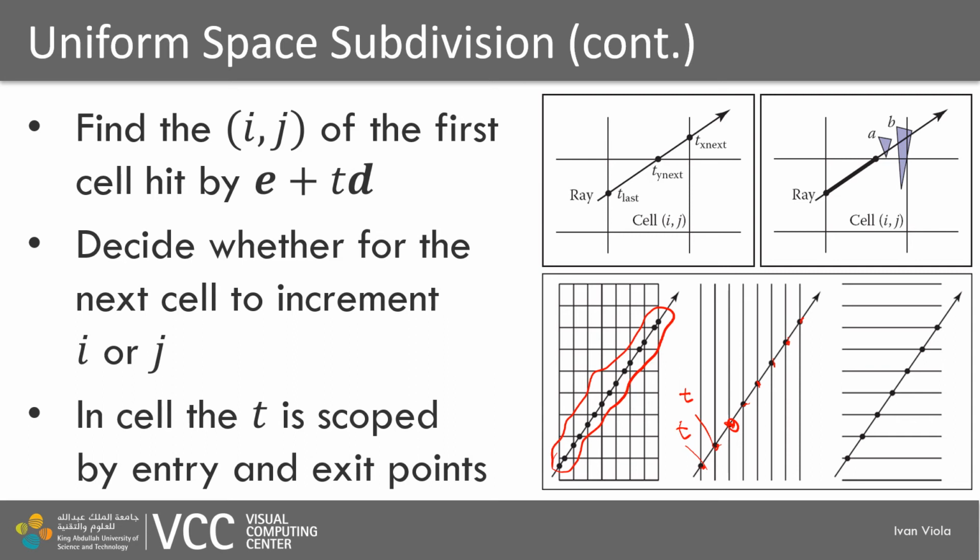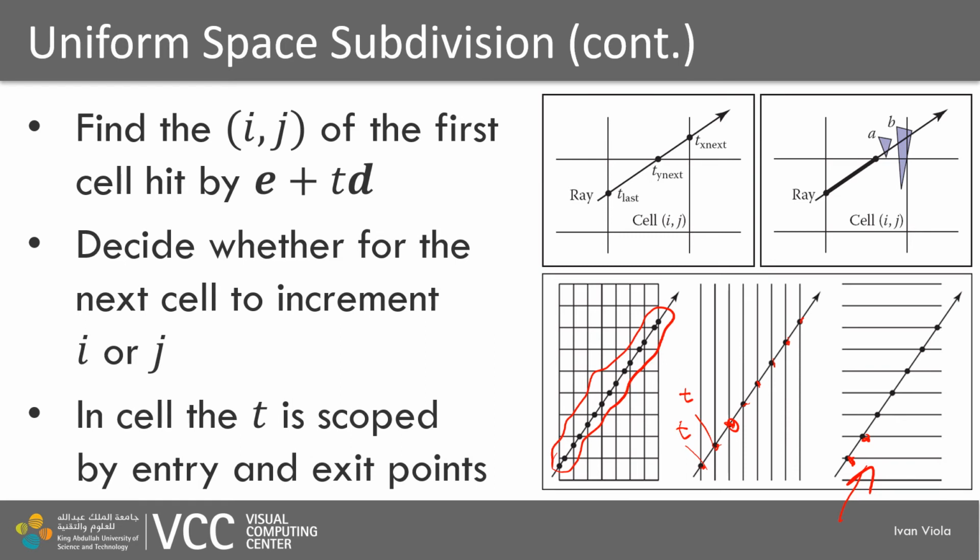And the same holds for the other dimension, the other coordinate axis. So we have again equidistant intersections because this space is subdivided equidistantly. So this means that we can simply have two arrays of t's in 2 dimensions. In 3 dimensions, it will be 3.